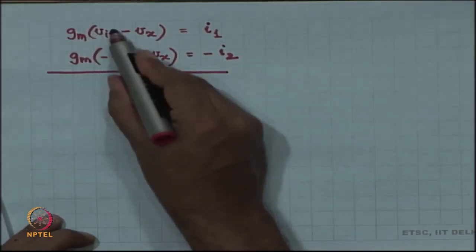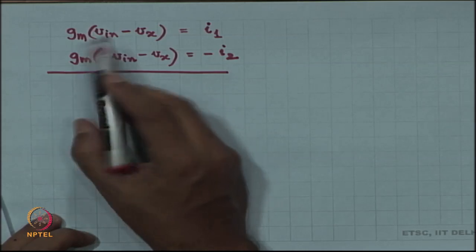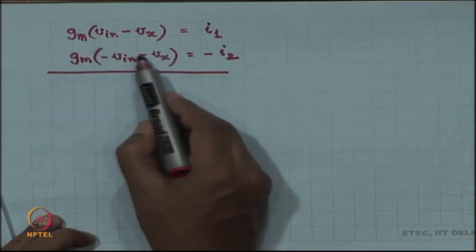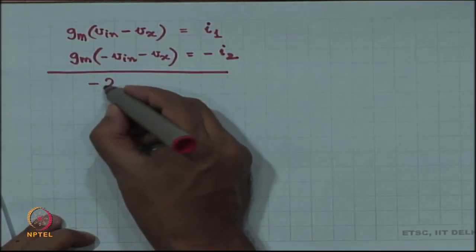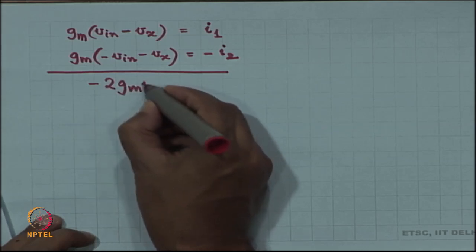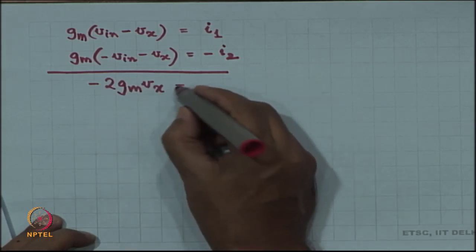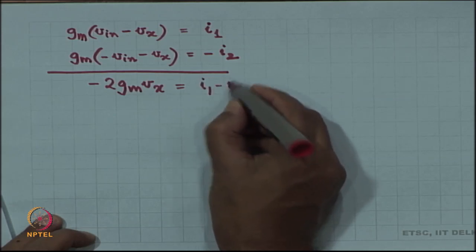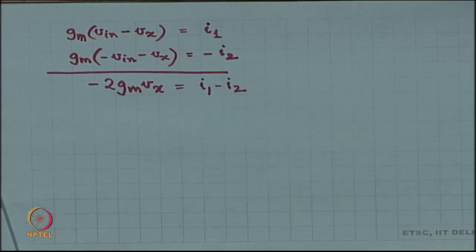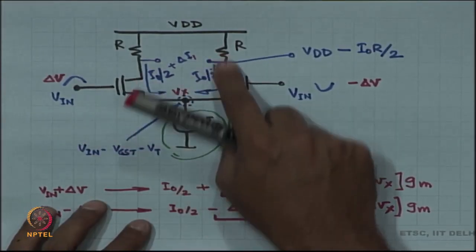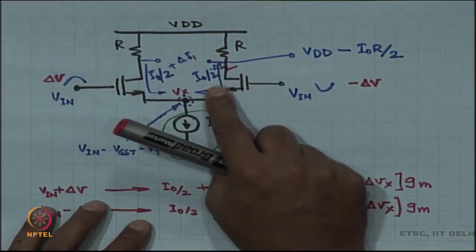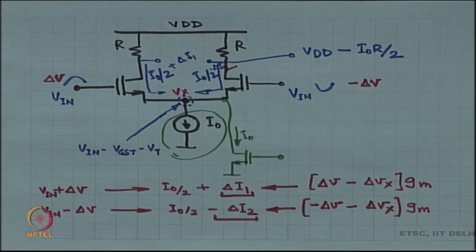Add them, Gm V in, Gm minus V in, they cancel out, Gm minus Vx, Gm minus Vx. So, it comes out to minus 2 Gm Vx is equal to I1 minus I2. And what is I1 minus I2? It is 0.